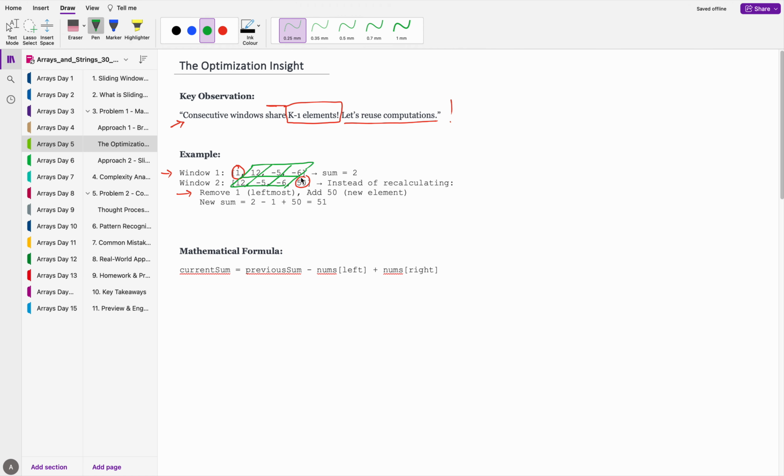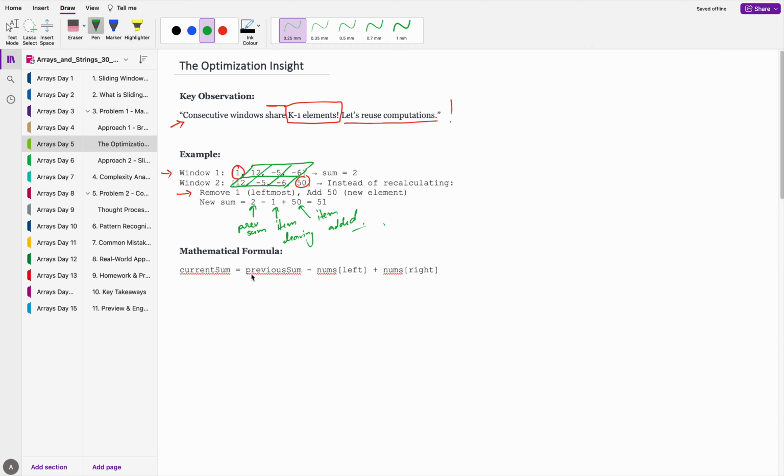Correct? 12, minus 5, minus 6 were already there. So what we can do is, new sum would be equal to my previous sum, minus item leaving, plus item added. That's what we are going to do.